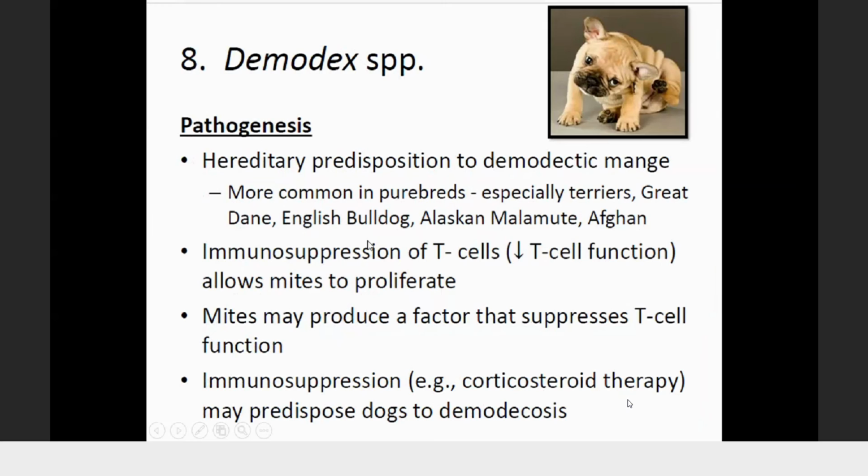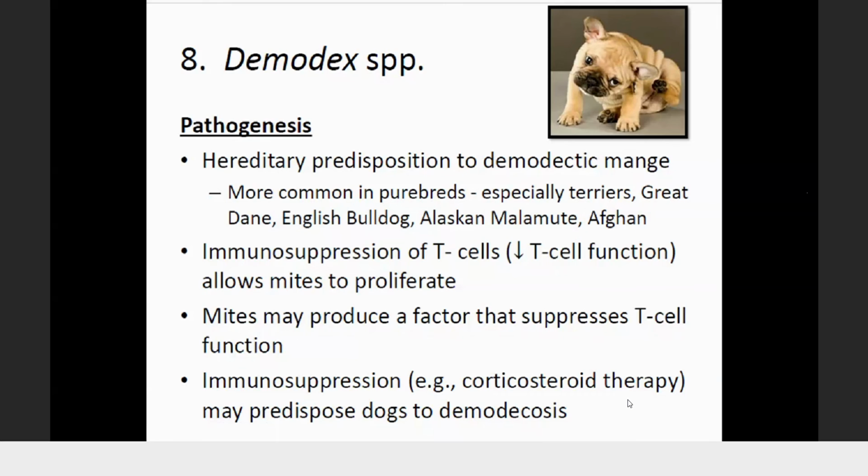Okay, for the next pathogenesis, that's hereditary predisposition to hemostatic damage. It's more common in certain breeds, especially Canadians, Great Dane, English Bulldog, Alaskan Malamute.